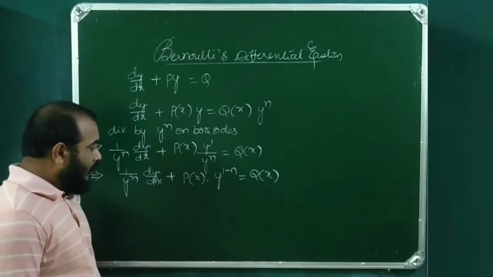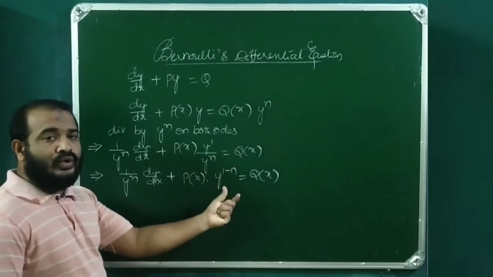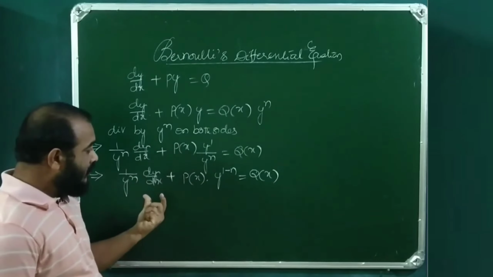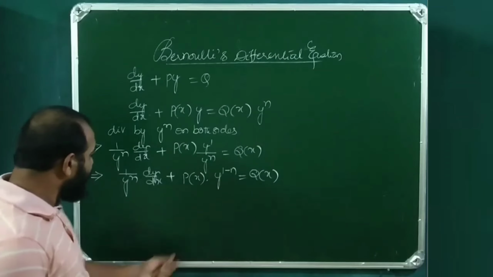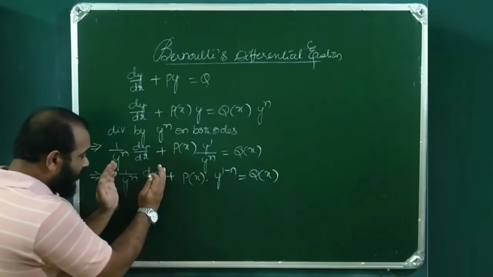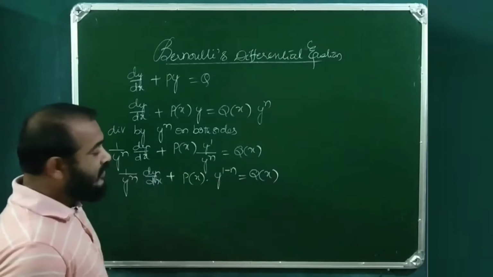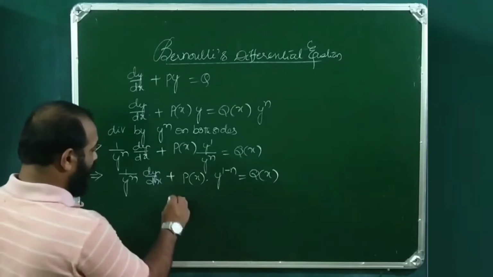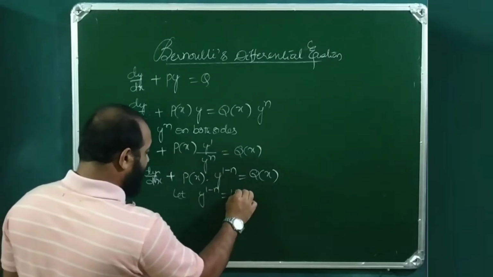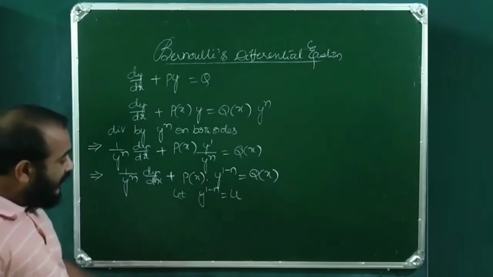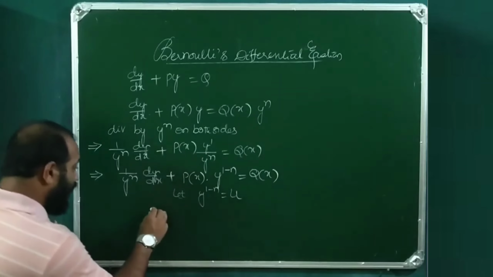So, to convert this Bernoulli's differential equation into a linear differential equation, we have to take a small substitution. Let us take y power 1 minus n to be some u. Let y power 1 minus n is equals to u. Let us differentiate this with respect to x on both sides.